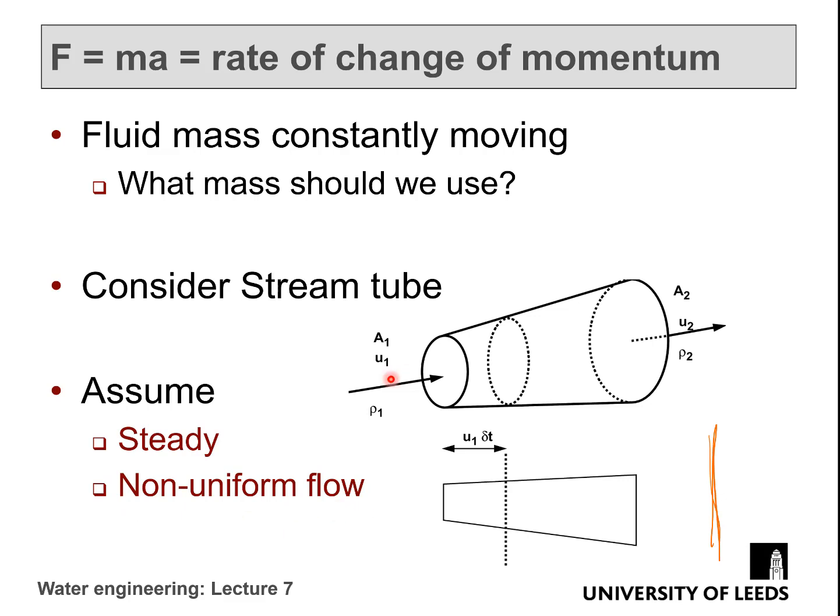Steady, so that we've got a non-changing velocity, area and rho at the inlet and outlet, but non-uniform because it's changing in area or velocity and possibly density as we go through. We can see in this picture it's a bigger area, sorry.